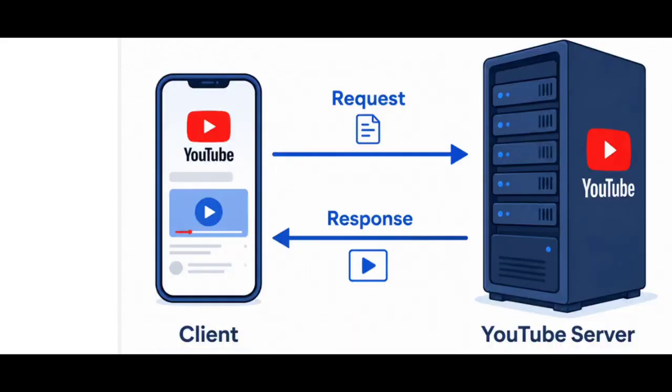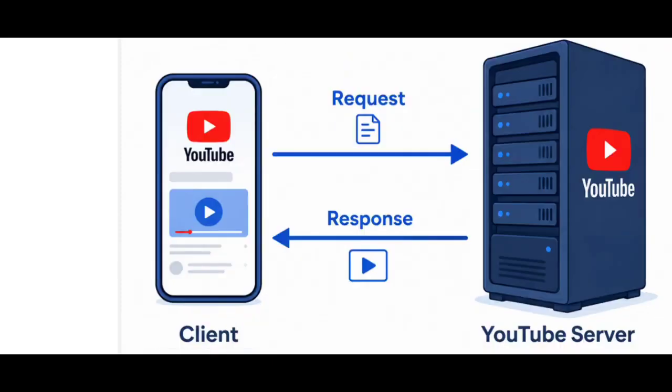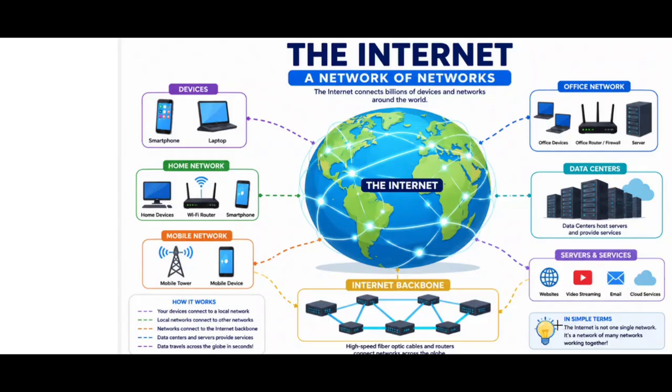Here in this diagram, in this image, you can see what I have explained earlier. YouTube sends a request and from the server you will get a response. Every device is called a client, which is requesting some data, some information or a YouTube video from a YouTube server.